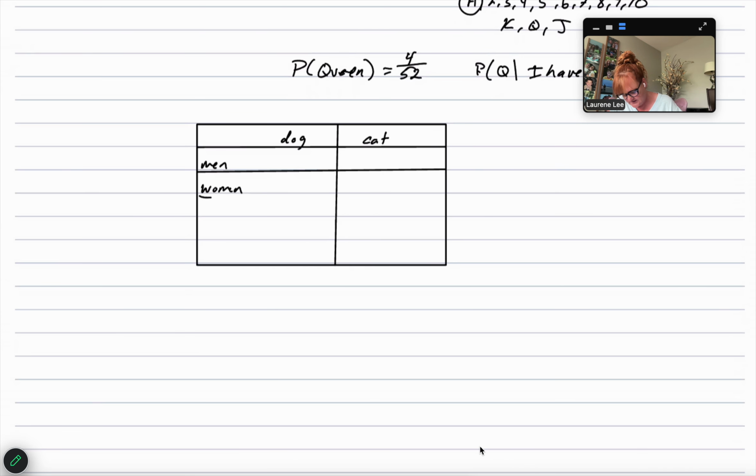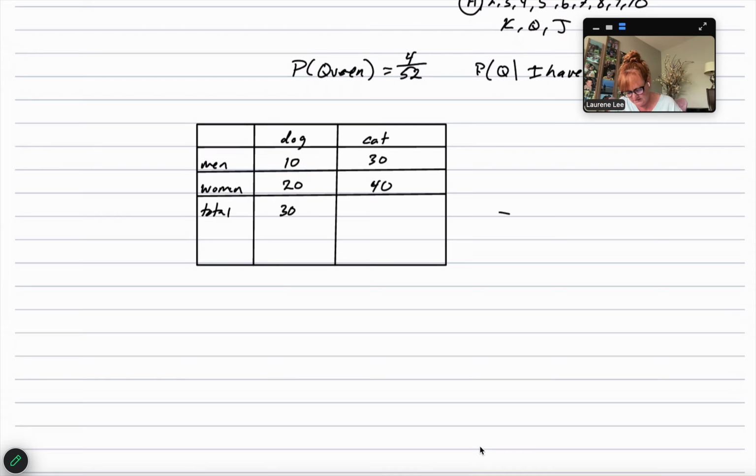This is the number of men who have dogs. We're going to say this is going to be 10, and this is going to be 30, this is going to be 20, and this is going to be 40, just to keep the numbers easy. So then we've got totals. There's 30 total dogs in this study.